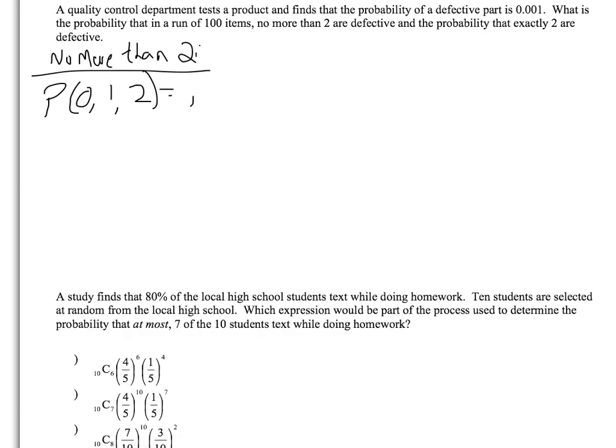You're running 100 items. We first want 0 of them to be defective. The probability that it is defective is 0.001. You want 0 of them. Probability that it's not defective is 0.999, and you want 100 of them.